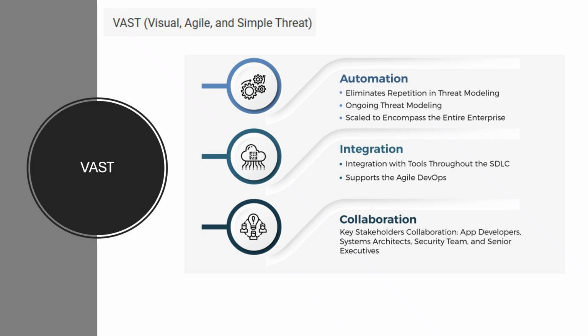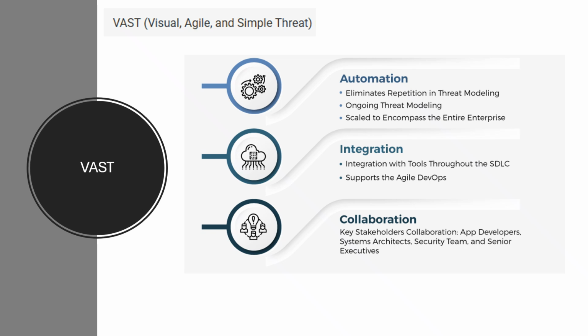VAST, Visual, Agile, and Simple Threat, is a threat modeling methodology designed to integrate seamlessly into Agile and DevOps workflows. It emphasizes scalability, automation, and simplicity, making it practical for large, fast-moving development environments.